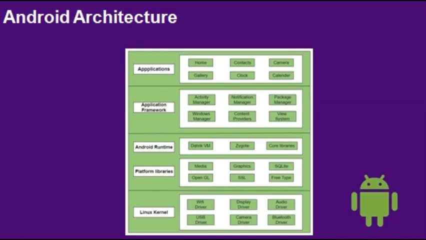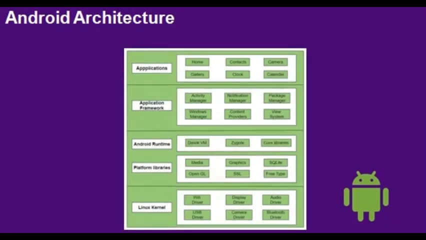This framework behaves as an API and is used by developers to perform certain tasks, and it provides certain components like activity manager, notification manager, package manager, window manager, content providers, and view systems.